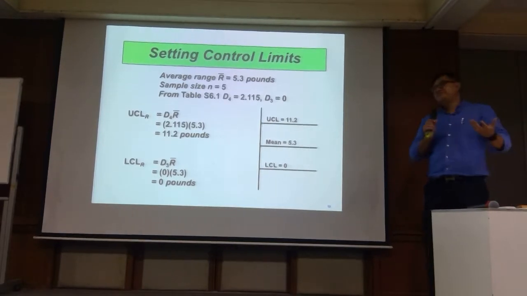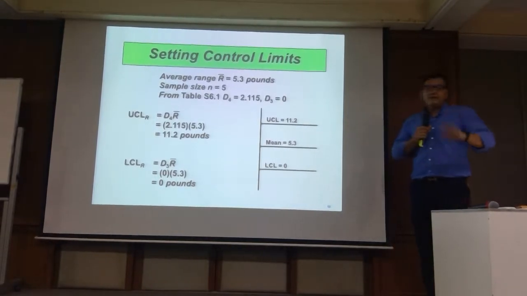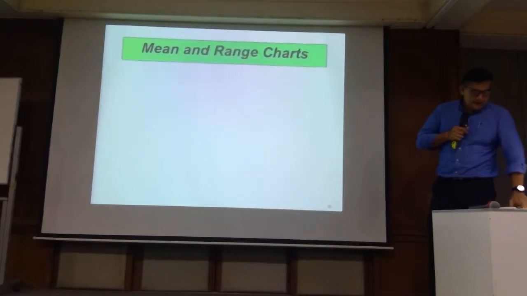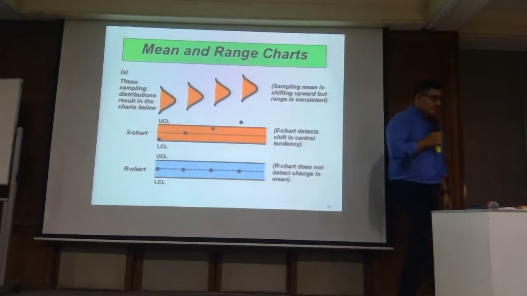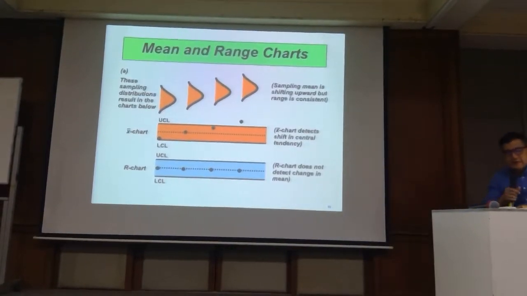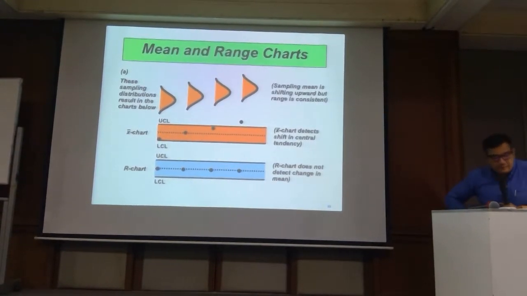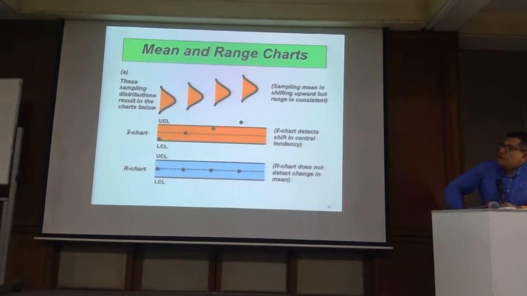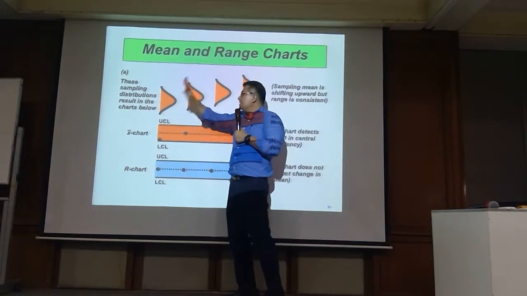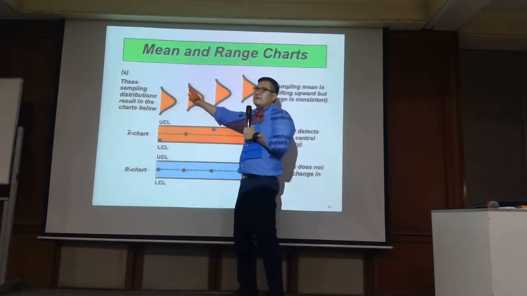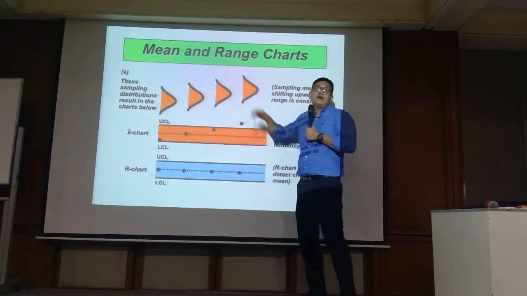So this is the X bar and R chart. Not difficult, but very easy. And this is the slide to show you why we need to use both of them together. Because, look at this one. If we look at this distribution, let's say this distribution is from the first hour, this is from the second hour, this is from the third one, this is from the fourth one.